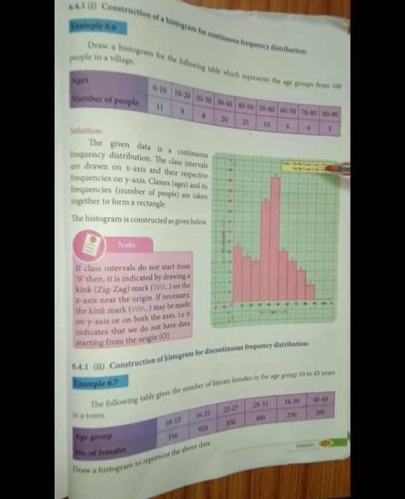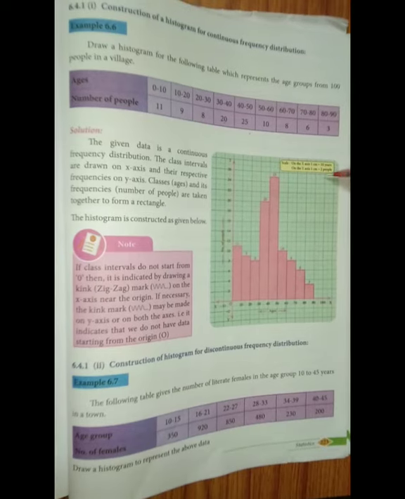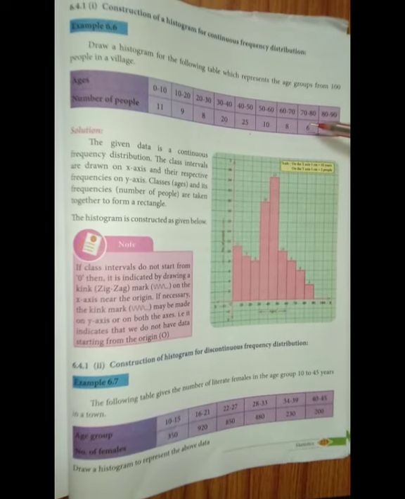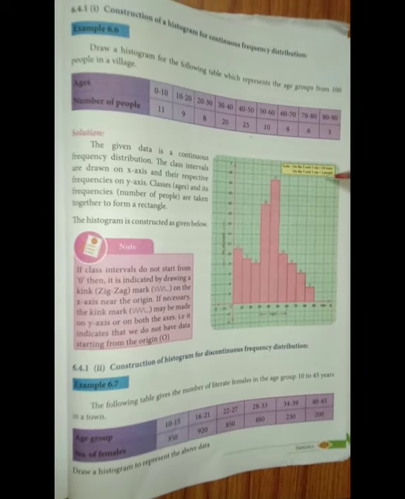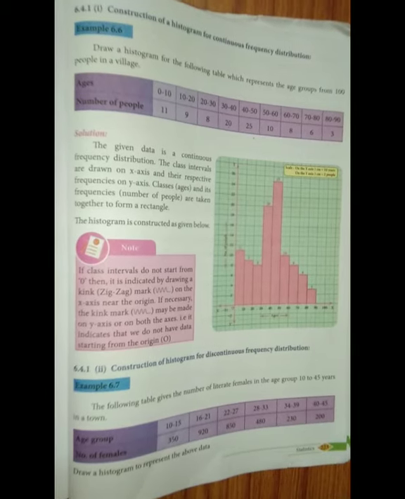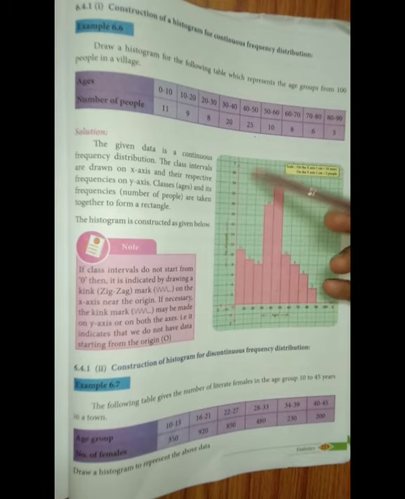On the y-axis, 1 centimeter represents 2 people, the number of people. So the y-axis is marked 2, 4, 6, 8, 10, 12, 14 up to 26, because we are going to draw up to 25. We can take 26 or 30.